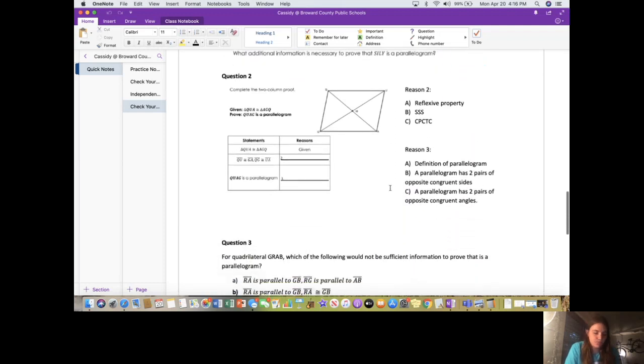All right, number 2. Complete the 2-column proof. I know how much we love proofs. Hopefully this one won't be too bad.